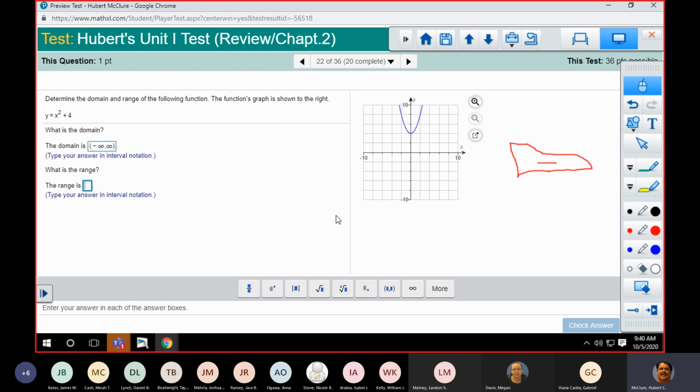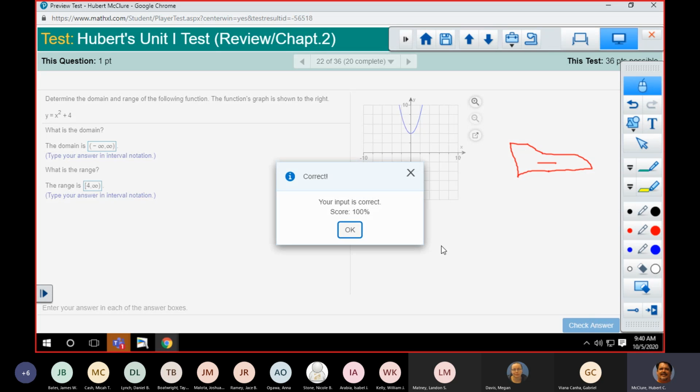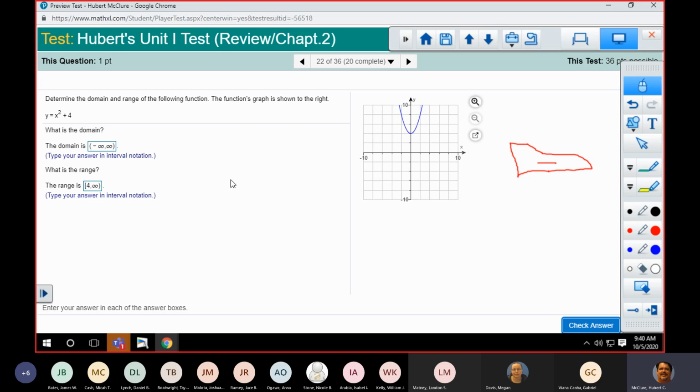Range is from 4 to infinity. Maybe I should go back and change some of these. These sure are some easy questions.